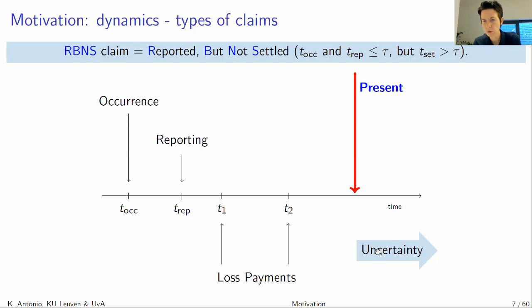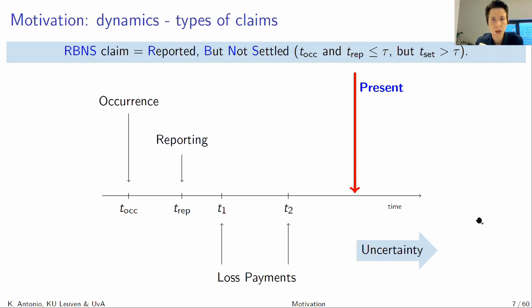So there is some uncertainty from the present moment on about how many extra payments will follow in the future, when will my claim settle. That's unknown, so I need a statistical model, a predictive model, in order to make an estimate or generate some scenarios about what's going to happen in the future. So keep this acronym in mind, RBNS, reported but not settled.